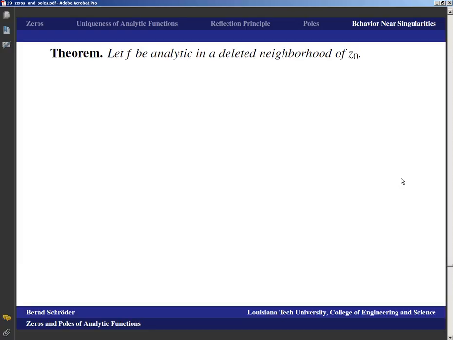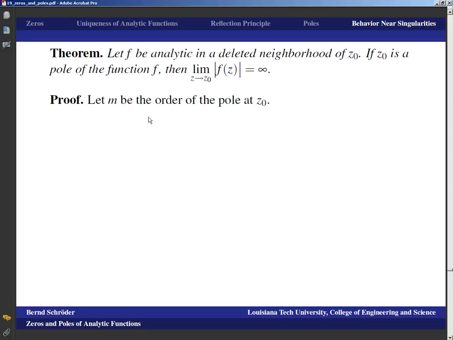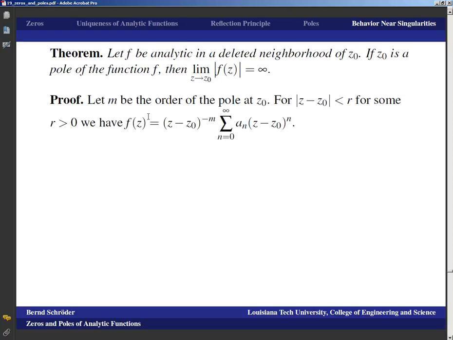If f is analytic in a deleted neighborhood of z0, and z0 is a pole, then the function goes to infinity at that pole. And that's because if m is the order of the pole at z0, then for |z minus z0| smaller than r, for some small radius, we have that f is (z minus z0) to the negative m times an analytic function.